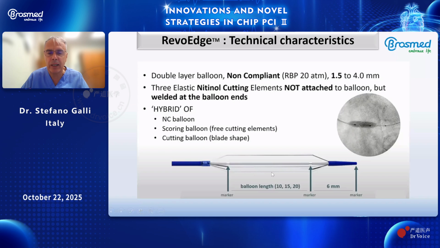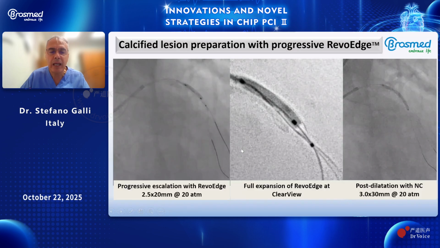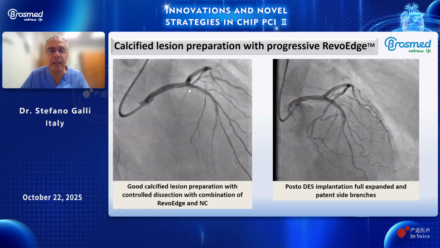You see very well the different dimension of this balloon. And then we move with the 2.5 20 millimeter Revo Edge, and you see very well the different cutting wiring, and then we post-dilate with an NC balloon 3.2, and then this is the result after preparation.